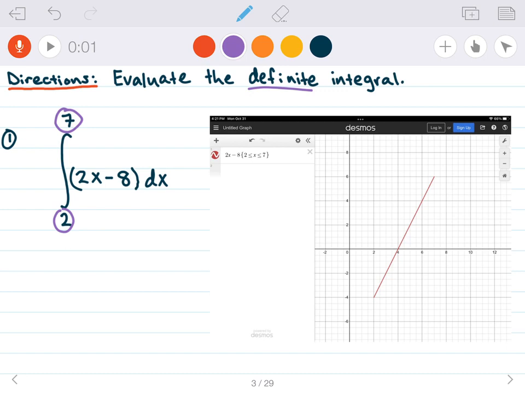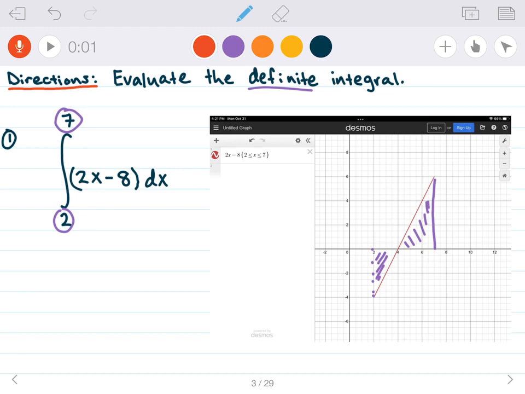So here's a picture of the curve that we're integrating, and we start at x equals 2, which is right here, and so we want to know what this area is right here, and then we're going all the way up to x equals 7, which is this area.